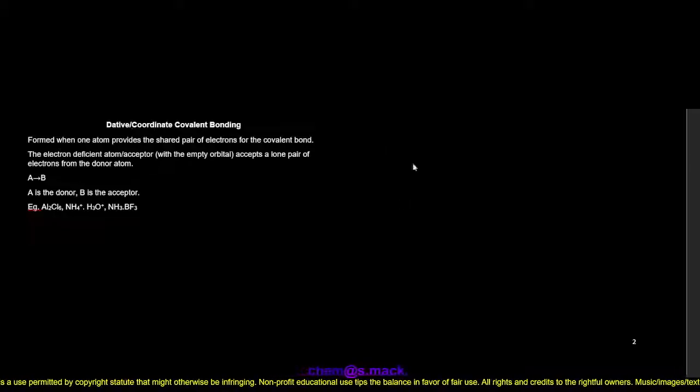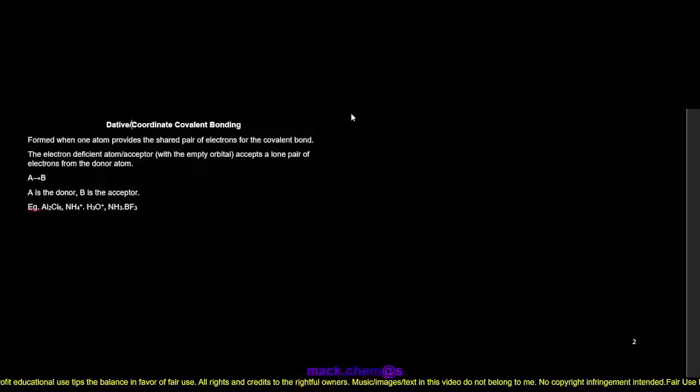We're going to look at all of our examples listed here, and I'm going to start with NH4+, and you should be able to draw a molecule which shows dative covalent bonding.